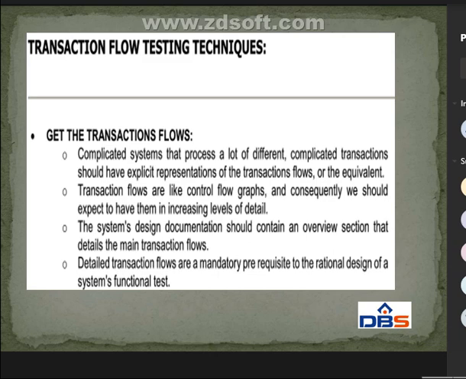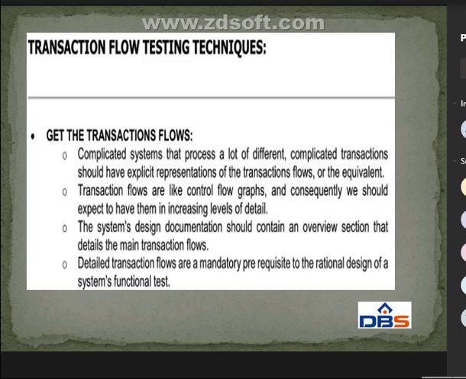Based upon the control flow graph itself, we come to know where we have made some types of mistakes, and what types of mistakes are happening there. And for the transaction flows, consequently we should expect to have increasing levels.